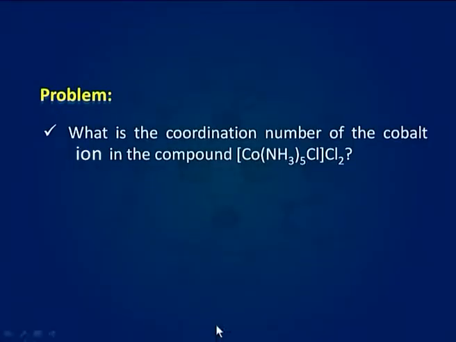As in this problem, all the ligands are monodentate, 5 ligands are amine and 1 is a monodentate ligand, which is chloride. So, 5 ligands must be multiplied by the denticity, which is equal to 1, and 1 chloride ligand must be multiplied by its denticity, which is again equal to 1.